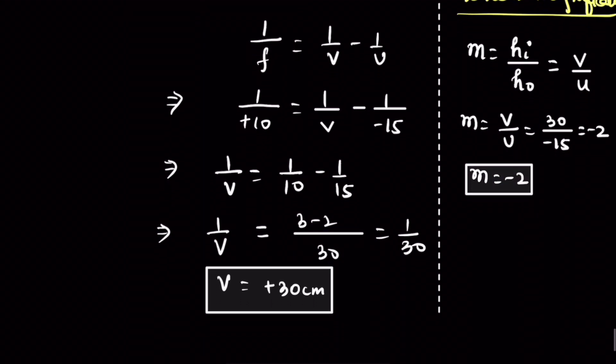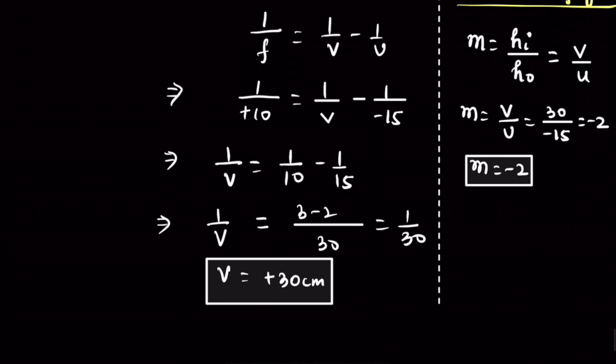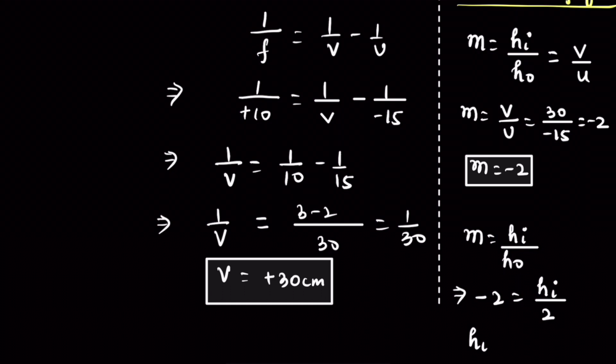Next we have to find the height of image. So M is equal to height of image by height of object. M is minus 2, height of image we have to find. Height of object is 2. So height of image will be minus 4 centimeter.